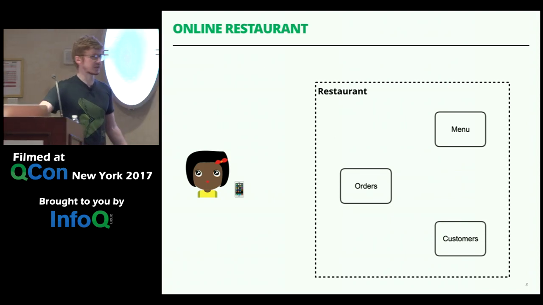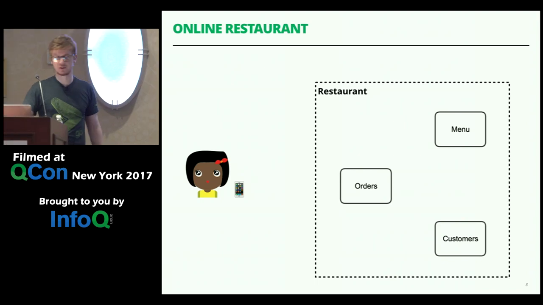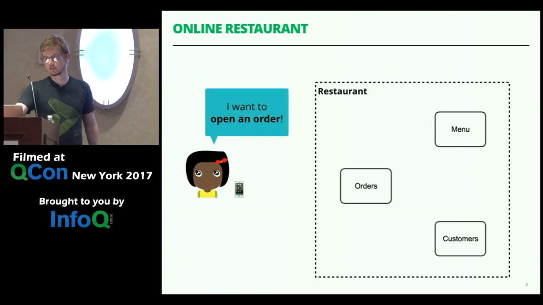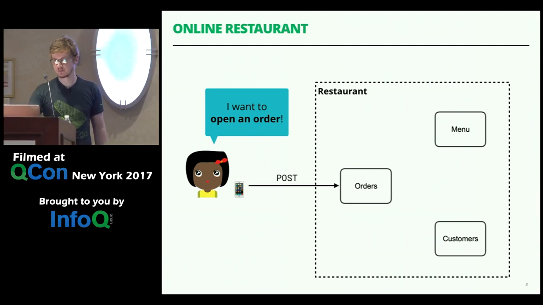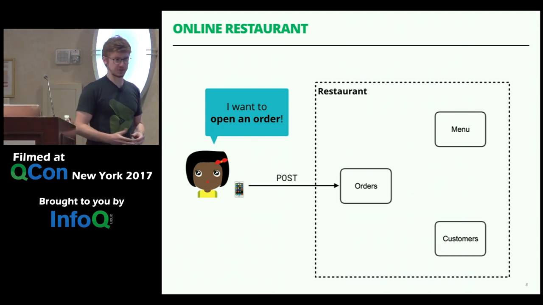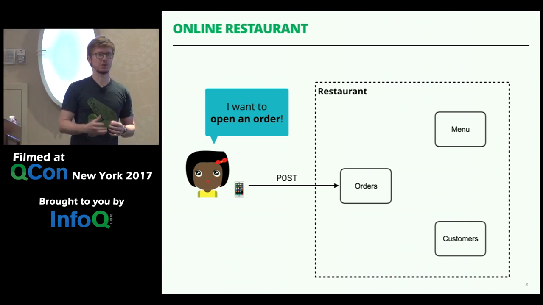So the data flow, just to exemplify: let's say that we have our user over there with her smartphone, and she wants to open a new order in our restaurant. So she uses the device to send a post request to the restaurant. Then orders will pick that up.